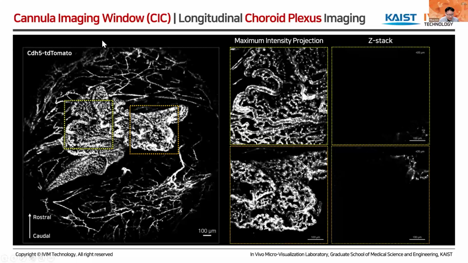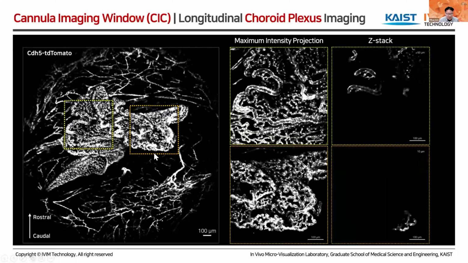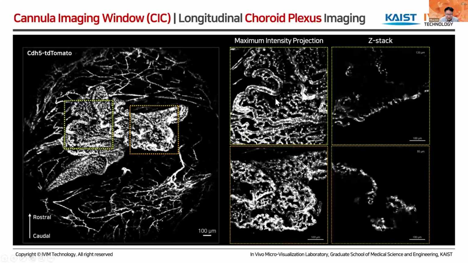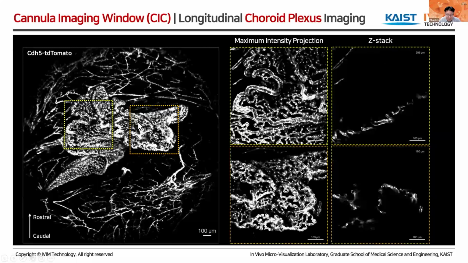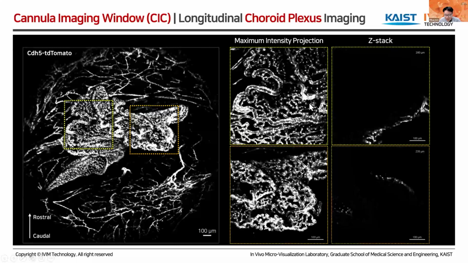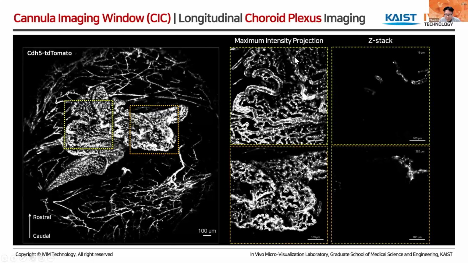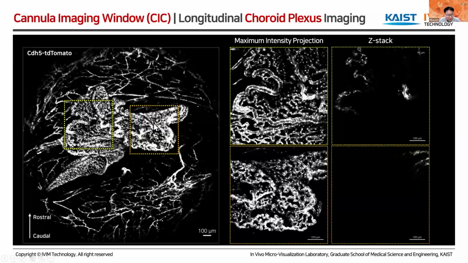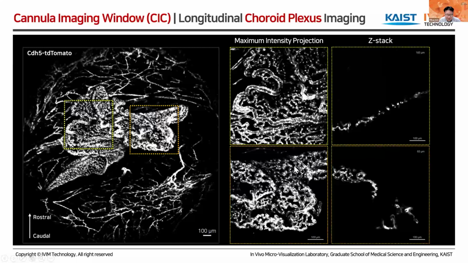This is the whole CIC window. If we zoom in with a higher magnification objective lens, we can quickly identify the individual capillaries and some venules and arterioles inside the choroid plexus, as you can see in here.